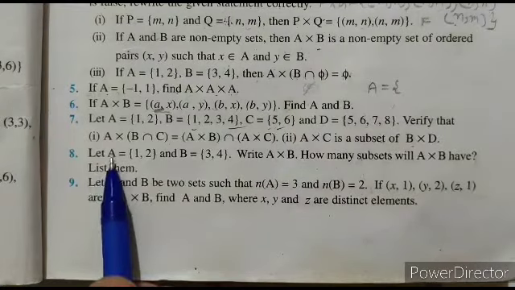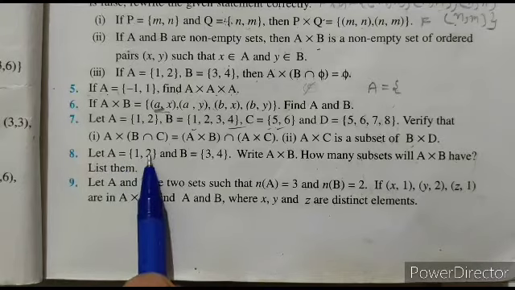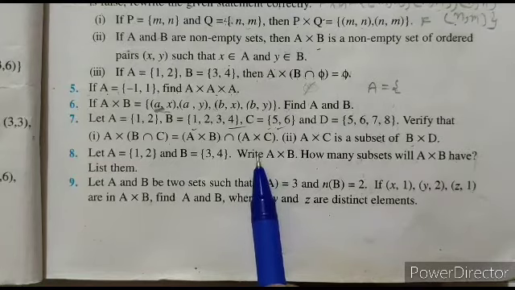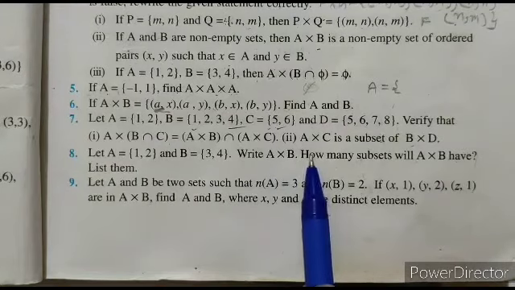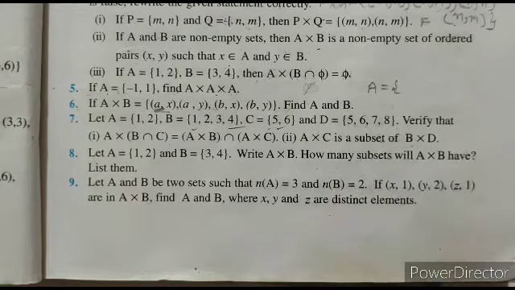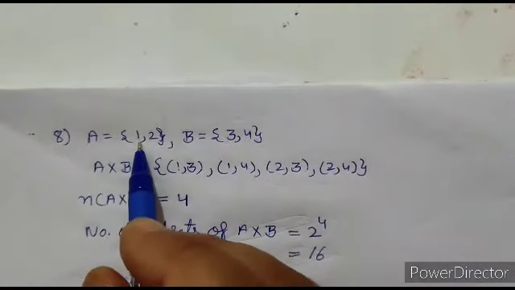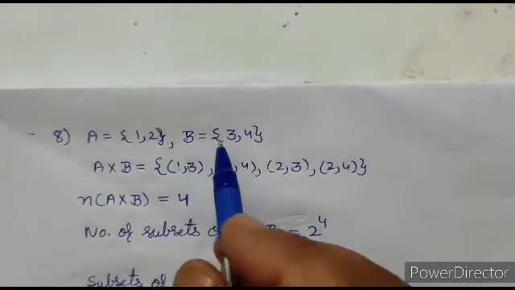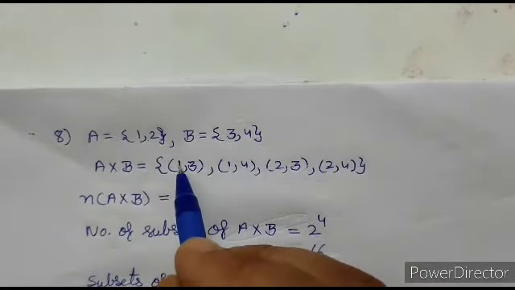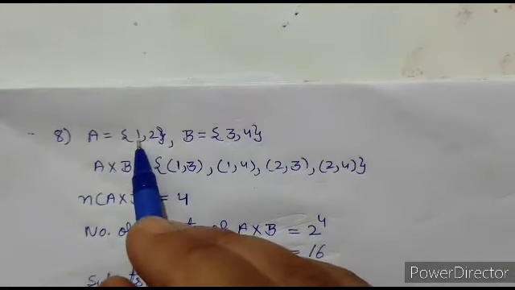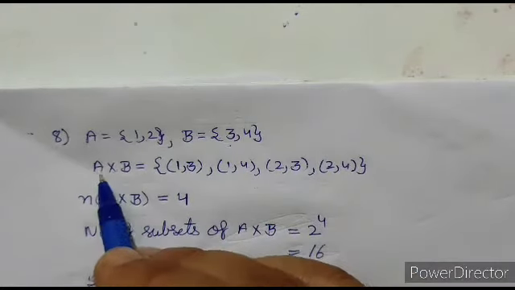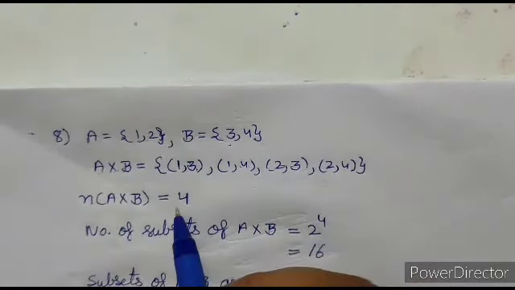In question number 8, set A has two elements 1, 2 and set B has two elements 3, 4. First of all we have to write A cross B, and then find how many subsets A cross B will have. Here set A is {1, 2} and set B is {3, 4}. So A cross B will be the set of ordered pairs whose first element is from set A and second element is from set B, and here A cross B has 4 elements.